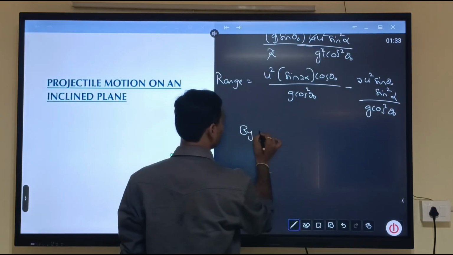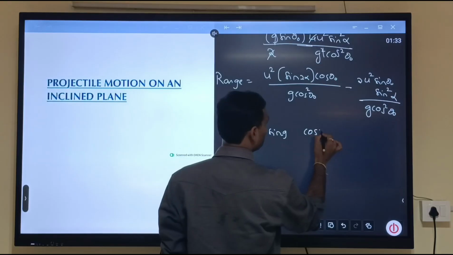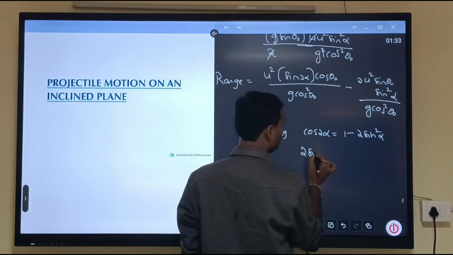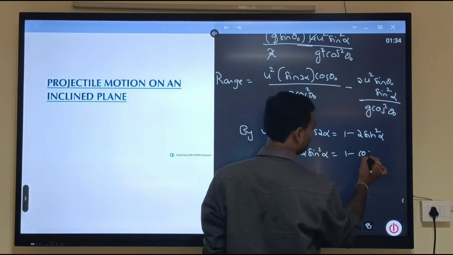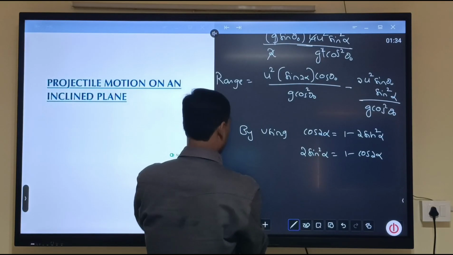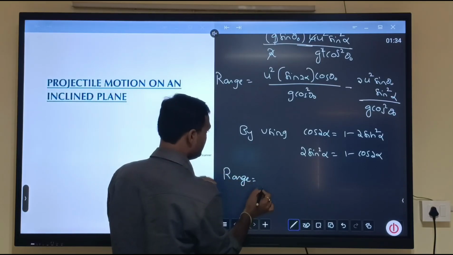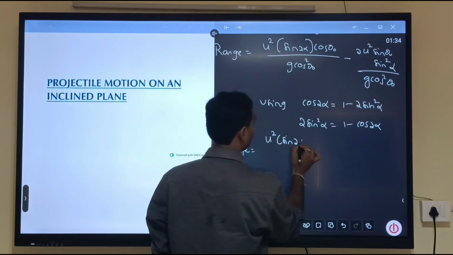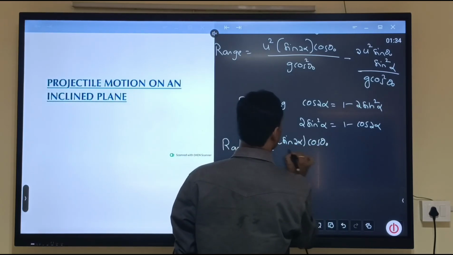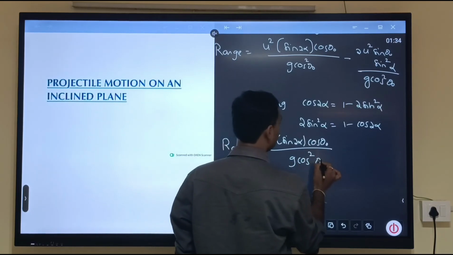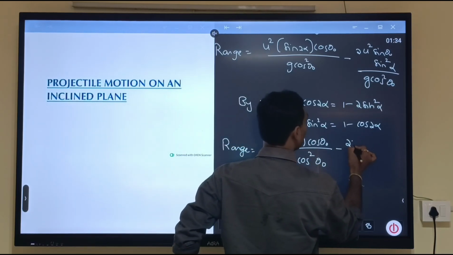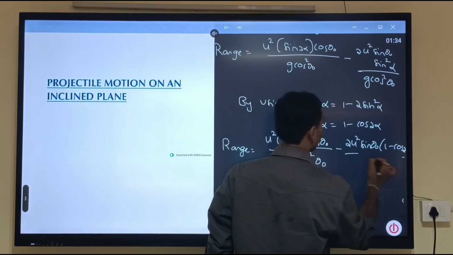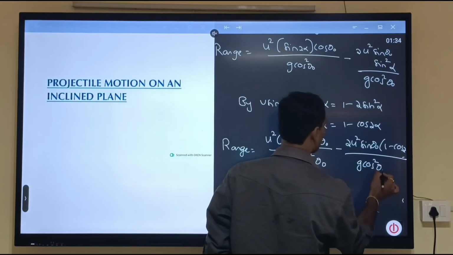Now by using cos 2 alpha is equal to 1 minus 2 sin square alpha, so 2 sin square alpha becomes 1 minus cos 2 alpha. So I can write range as u square sin 2 alpha cos theta naught by g cos square theta naught minus 2 u square sin theta naught (1 minus cos 2 alpha) by g cos square theta naught.